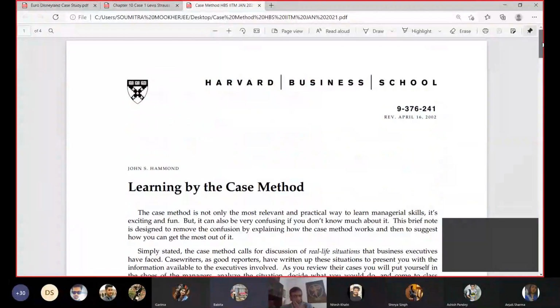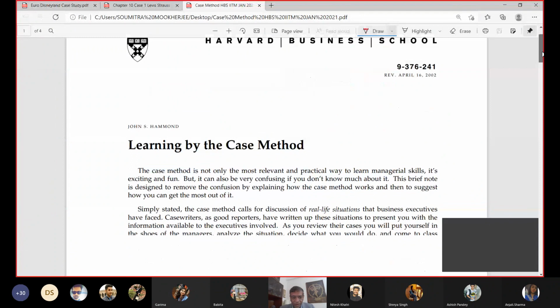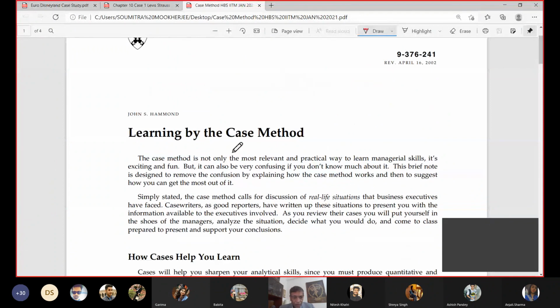Okay, fantastic. This is something of the Harvard Business School, which I thought I'll refer to in general to make you understand as to what this simply signifies. What is the case method? The case method is not only the practical way to learn managerial skills, it is exciting and fun, but it can be very confusing.